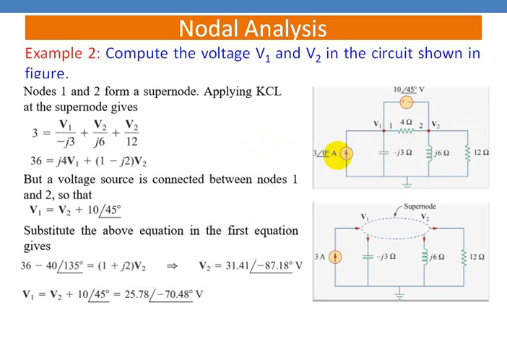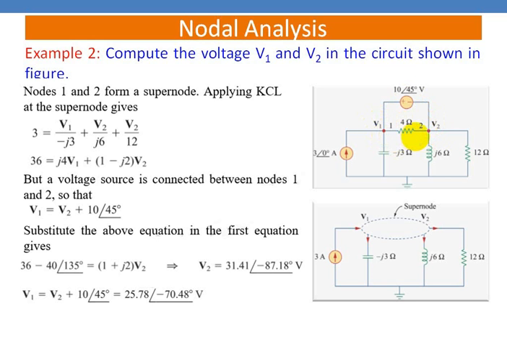Try to remember here that a voltage source is connected between two principal nodes. If a case of this type arises, then we have to form a super node involving these two nodes. Why are we involving these two nodes? Because the source is connected between them. Therefore, to create a super node, we have to remove these two branches, and these two nodes should be combined and called a super node.